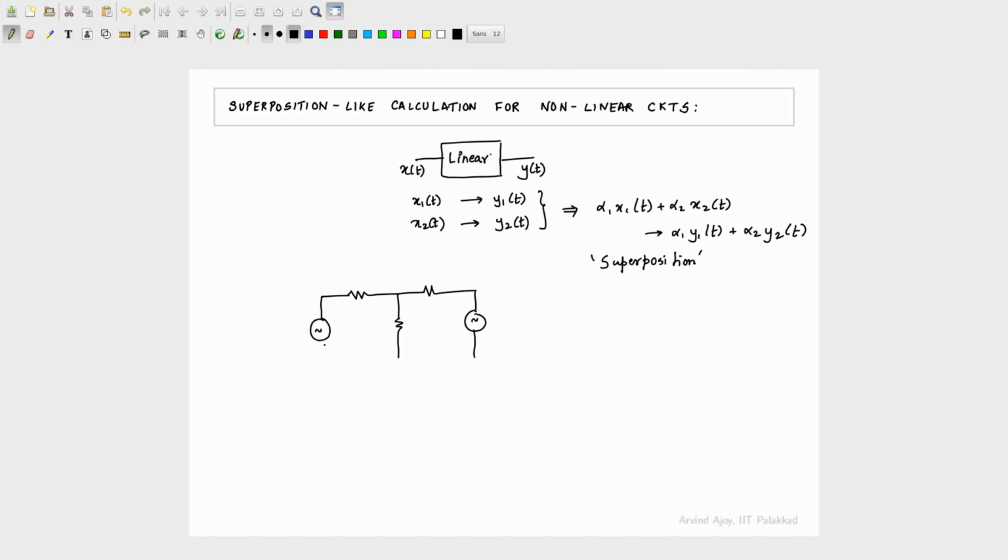Correct? So this is essentially the statement of superposition.